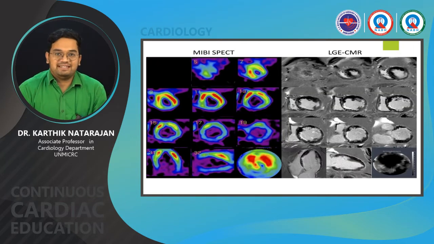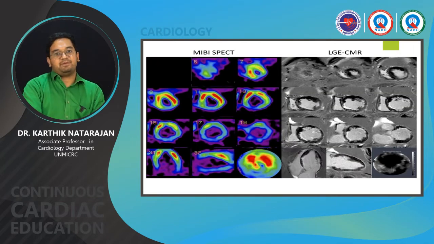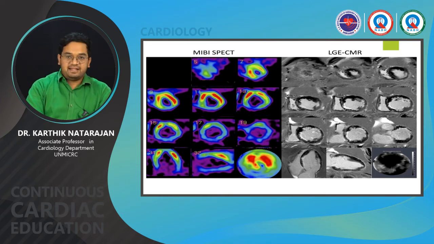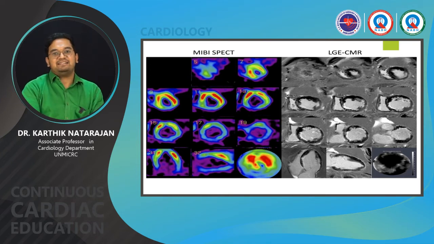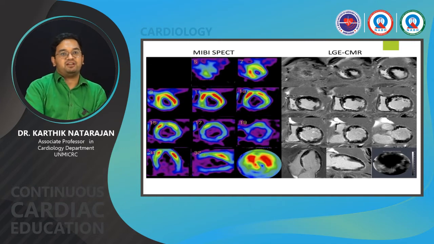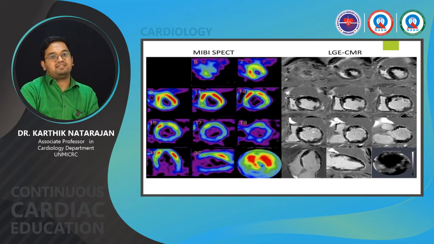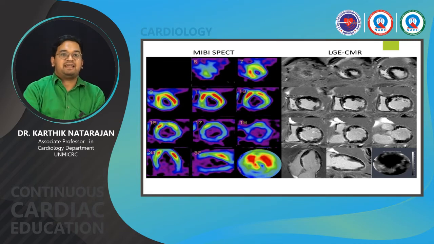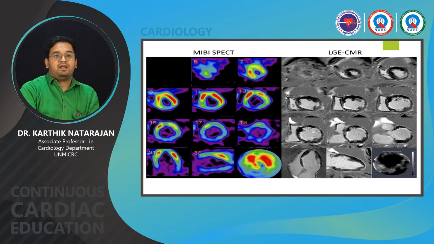So now I'll come to some examples where you have a discrepancy between two scans, showing that none of the scans is actually confirmative or definitive. Here was a patient in whom on the left side you can see a SPECT scan. In the SPECT scan, the inferior wall and the apex show non-viable territory on the scan done at rest.